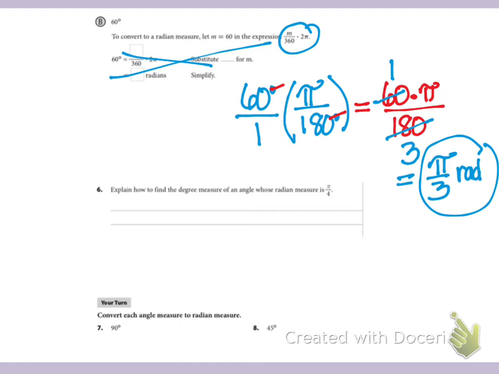Now let's say we wanted to go the reverse. So it says explain how to use the degree measure of an angle how to find the degree measure of one whose radian measure is pi over 4. So if I had pi over 4 and I wanted to convert it back to degrees, I could take this conversion factor that I used, pi divided by 180 degrees, and I would just simply flip it.